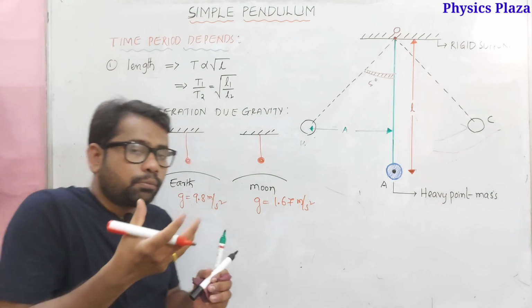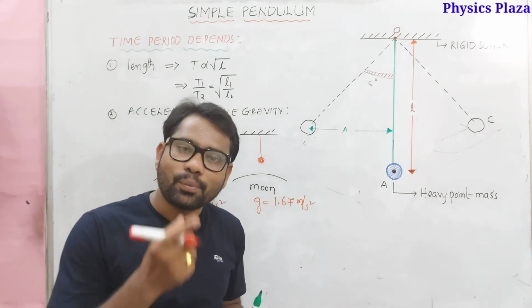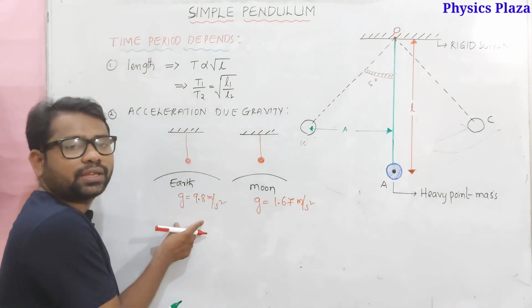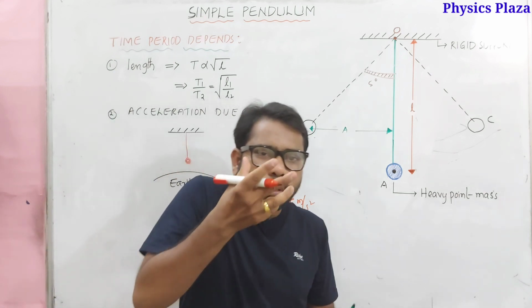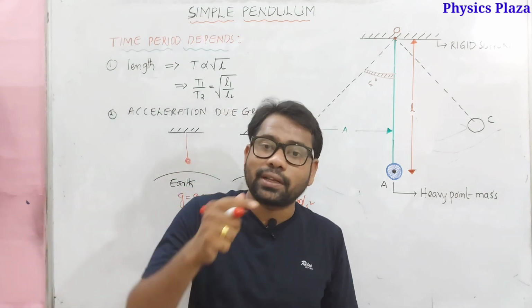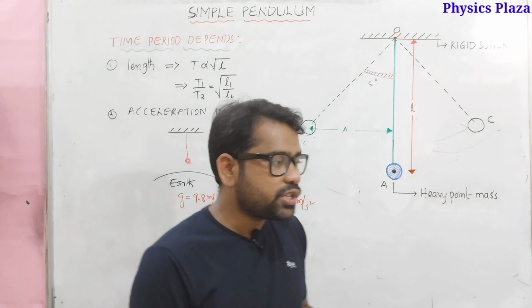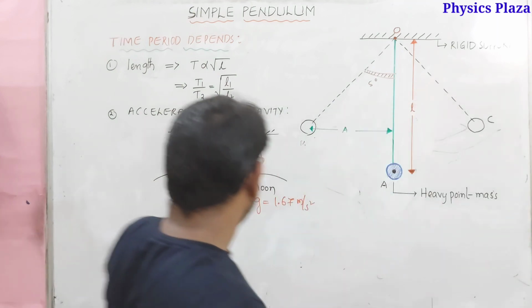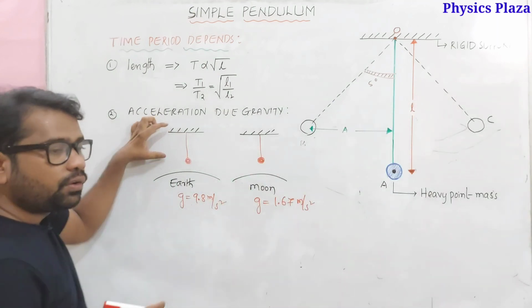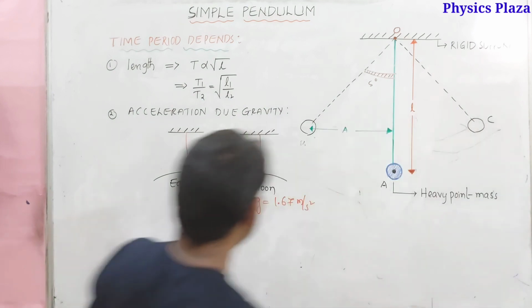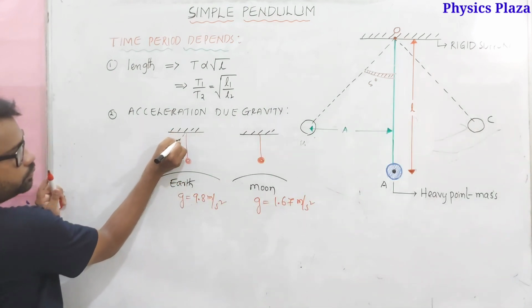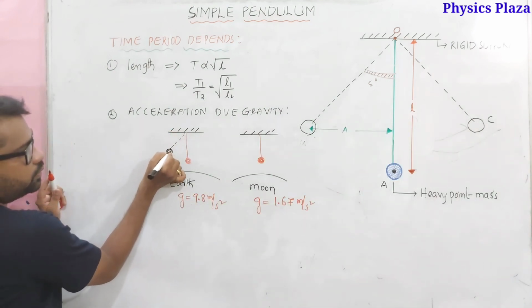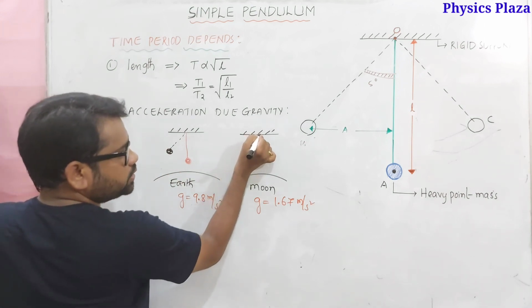So in which case is the gravity power more? Obviously in the case of earth. So earth has more power to pull objects towards its center compared with the moon. Now dear children, in the case of earth, suppose the simple pendulum is taken aside and made to oscillate.